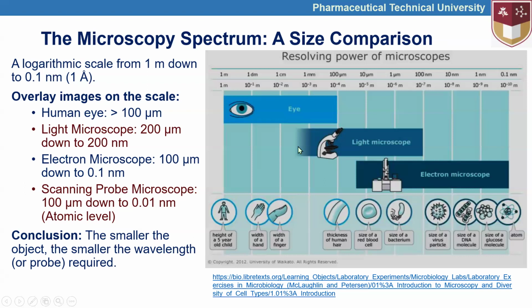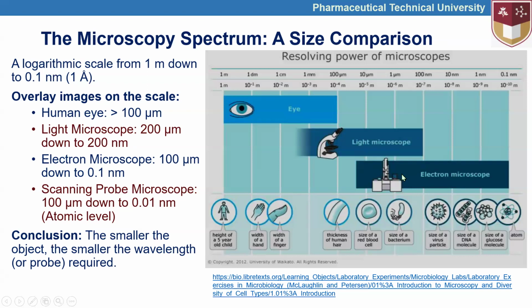And this is even the smallest capacity of light microscopes. Light microscopes can identify from 200 nanometers, 100 nanometers, until let's say 200 micrometers can be visualized by using light microscopes.